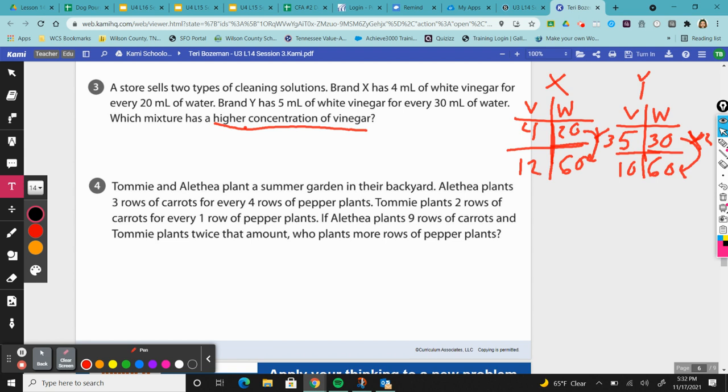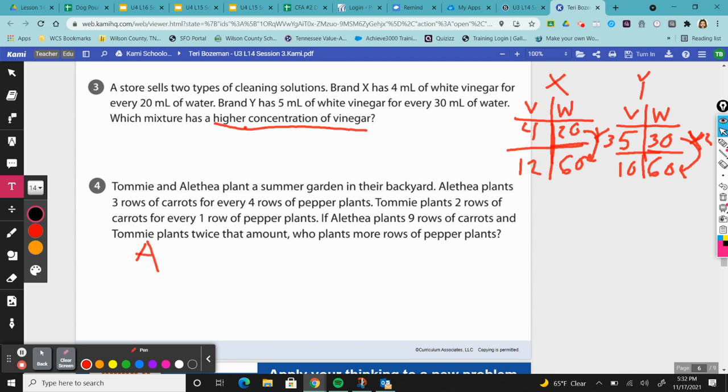All right. Number 4. Here is a problem where they're taking what we've been doing, same steps, and they're adding some things to it. Okay. So number 4 says Tommy and Alethea plant a summer garden in their backyard. Alethea plants 3 rows of carrots for every 4 rows of pepper plants. All right, I'm going to stop right there and check out Alethea here.